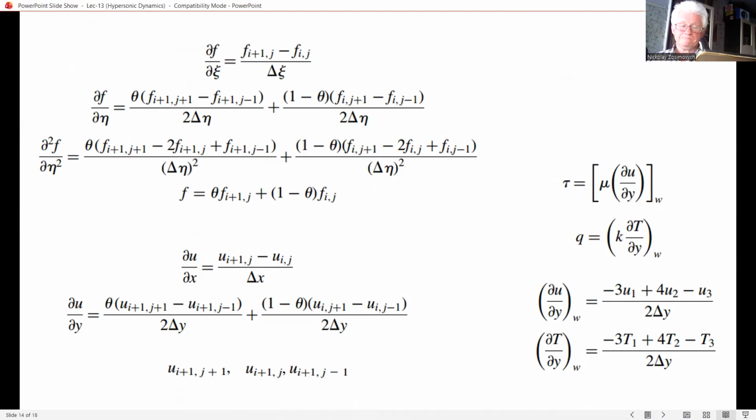So, in summary, a finite difference solution of a general, non-similar boundary layer proceeds as follows. First, the solution must be started from a given solution at the leading edge, or at a stagnation point. Say you remember the station 1 in the last figure.